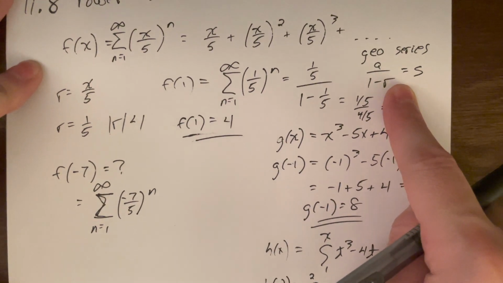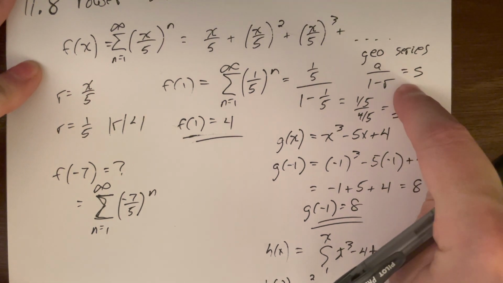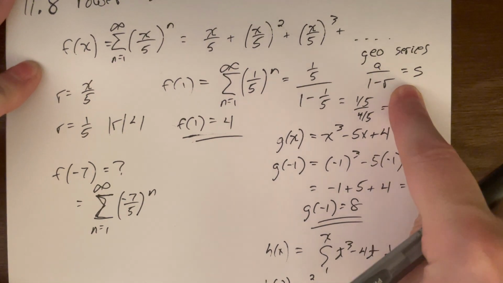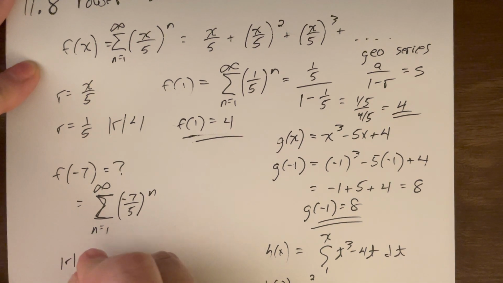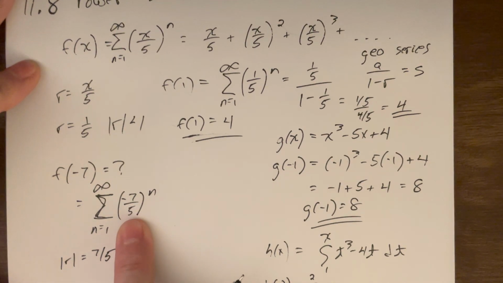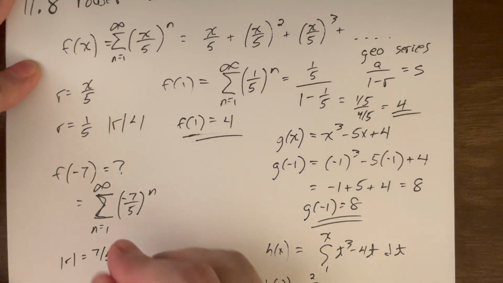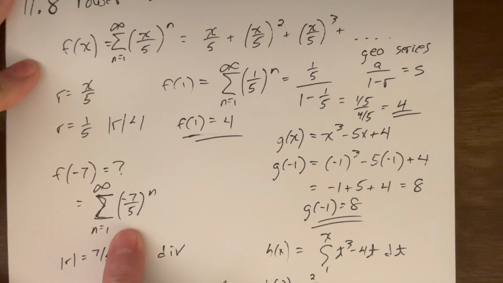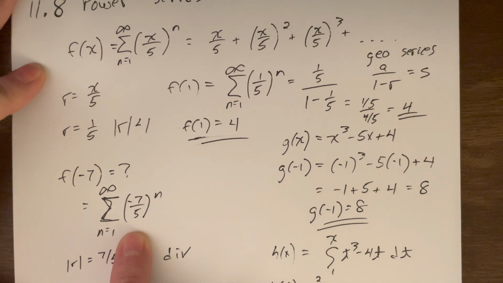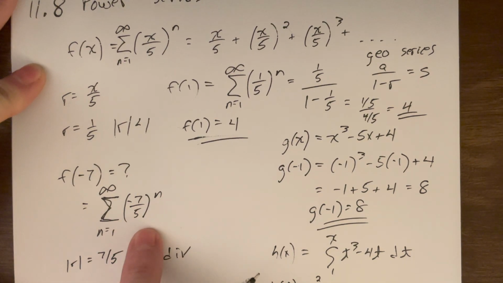But remember, it's only if the series converges do you get to use this formula. This does not converge. Here, r is negative 7/5, so the absolute value is positive 7/5. That is greater than 1, so this series diverges. If this series diverges, you don't get a nice sum.